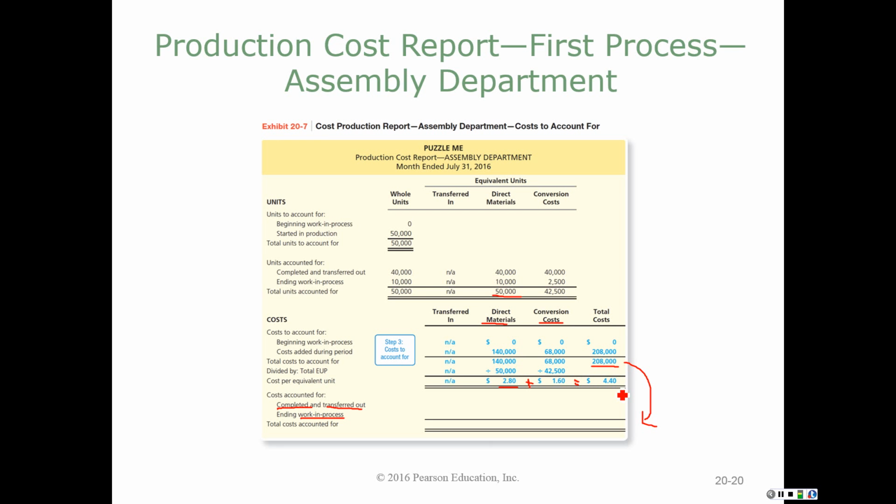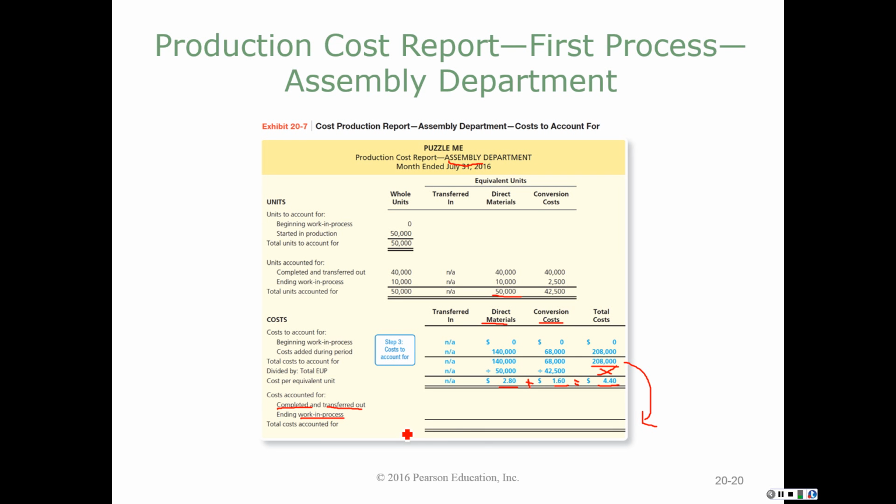Notice that we couldn't simply take the $208,000 and divide it by 50,000, because not all 50,000 have the same associated cost tied to them, because some were complete, some were not. Thus, we had to figure out the cost per equivalent unit for materials and for conversion cost, to come up with our total cost per equivalent unit in the assembly department.